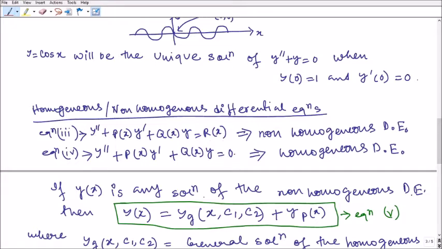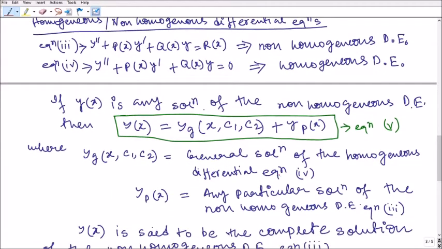So this is the homogeneous differential equation associated with this non-homogeneous differential equation. Suppose this is the equation 3, the non-homogeneous differential equation, and this is the equation 4, that is the homogeneous differential equation. Now this homogeneous second order differential equation is different from the first order homogeneous differential equation. So for second order, it is homogeneous when only the right hand side term, that is r of x, equal to 0.